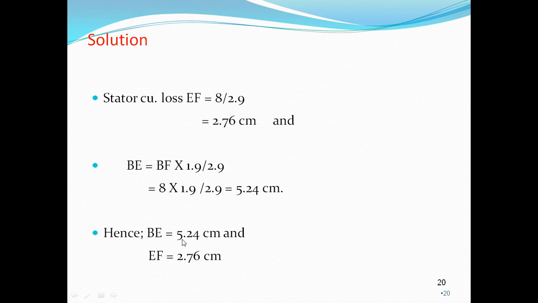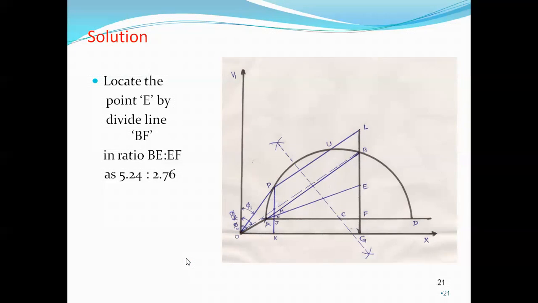So like this, we have to get the point from B to F. We got the point as 8. How can we divide from B to F? B to E is 5.24 and E to F is 2.76. So this point is E. Join AE.